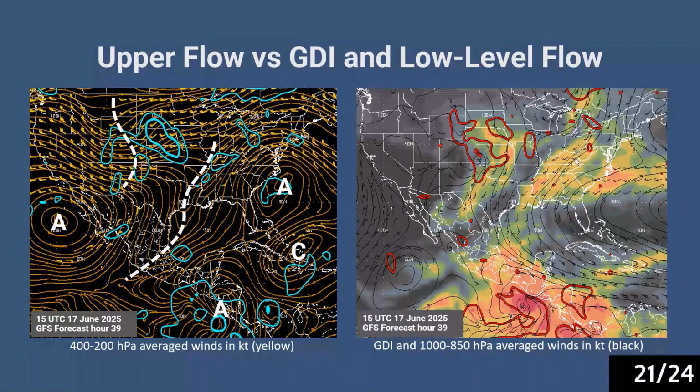To finish, because I'm running late and it's already 35 past the hour, I'm going to look at Tropical Storm Eric. You can see the flow rotating around Eric according to the GFS, and moisture convergence. The red contour is very prominent in this region. So you have everything: high GDI, low level moisture convergence, and if you look at the dynamics, you have an upper ridge located a little bit to the southwest of Eric.